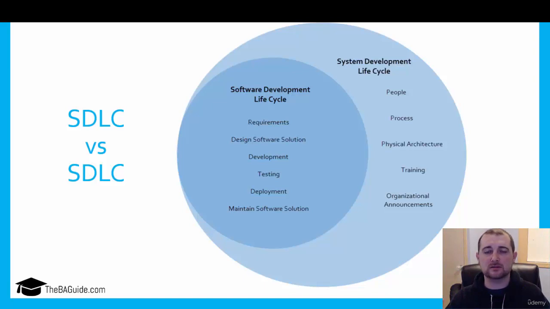The systems development lifecycle encompasses all of the software development lifecycle stages, but includes some additional things like managing the people and the processes, the physical architecture, handling all of the training, and the organizational announcements about that particular software development lifecycle.